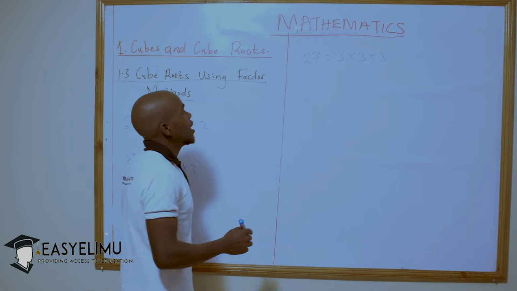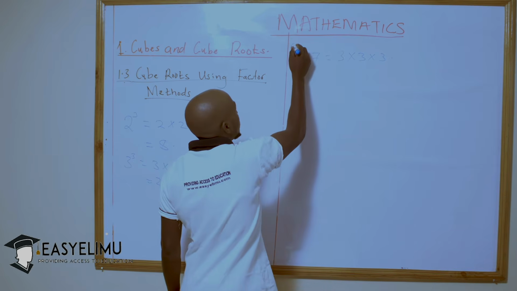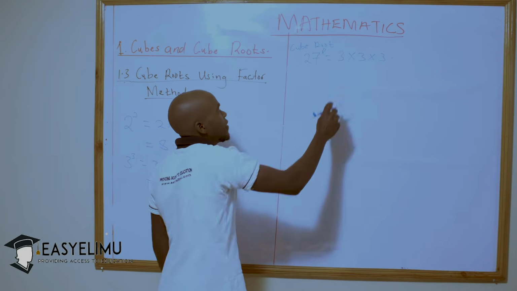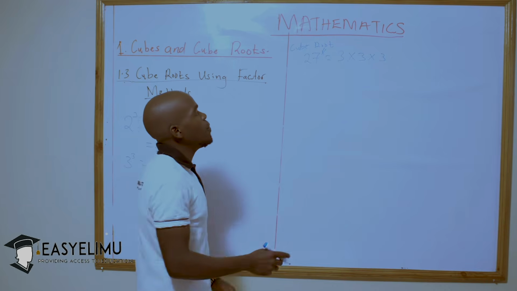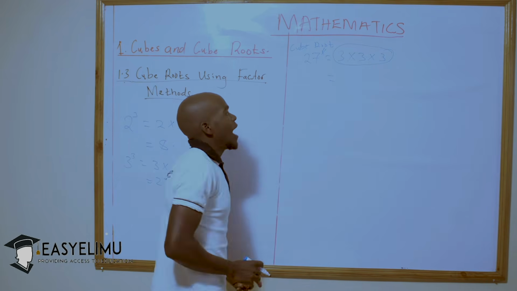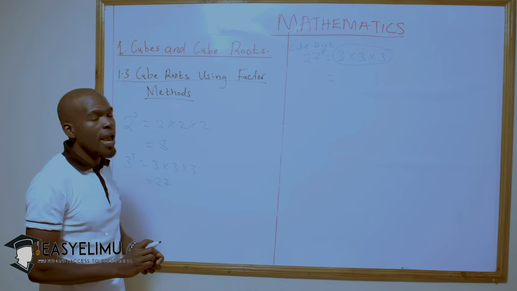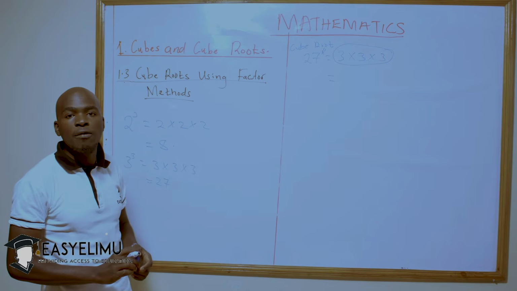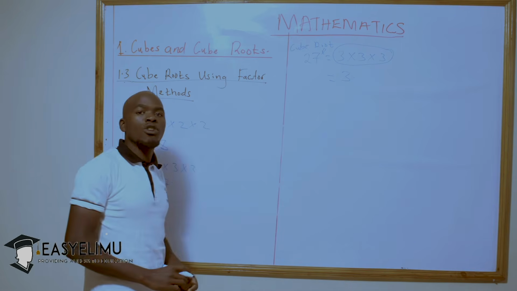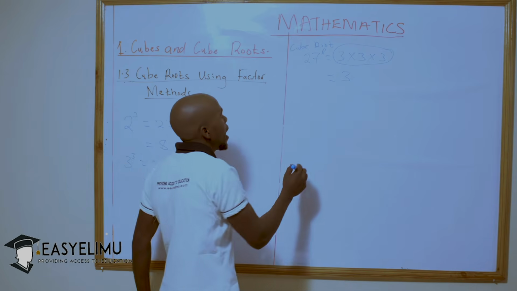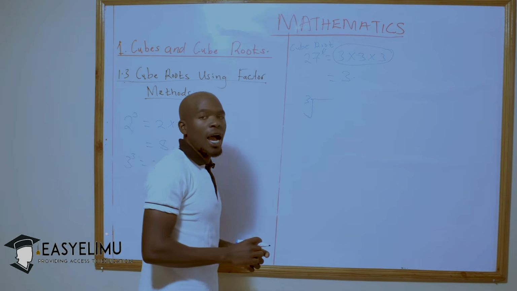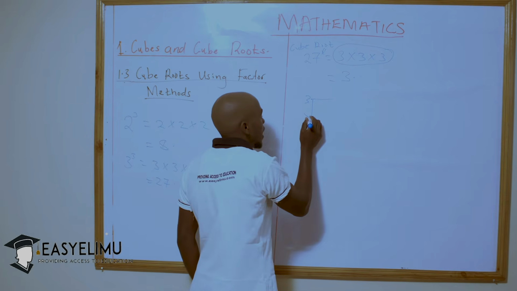This means the cube root of 27 is equal to the 3 pattern number you have here. You select one from that group, and you will find it is 3. The cube root is abbreviated by the symbol with a small 3 outside.